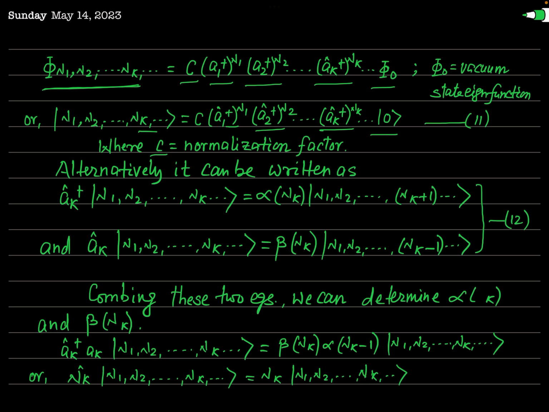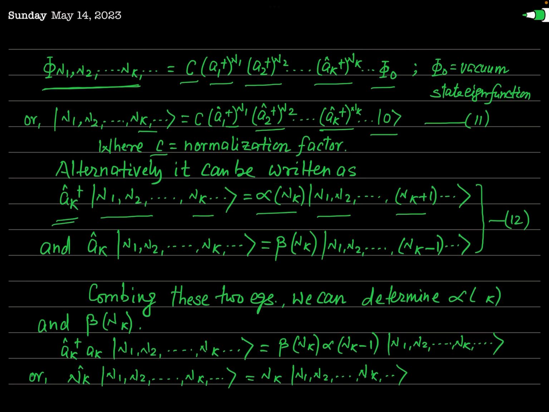In an alternative manner, this result can be written like this: ak dagger operated on this eigenvector ket n1, n2, so on, nk is equal to alpha of nk times ket n1, n2, so on, nk plus 1, so on.